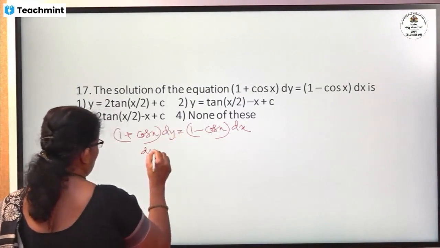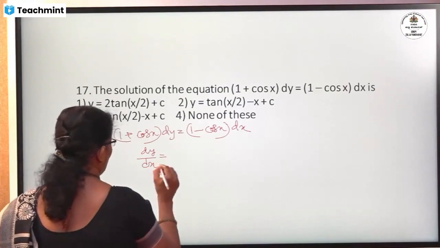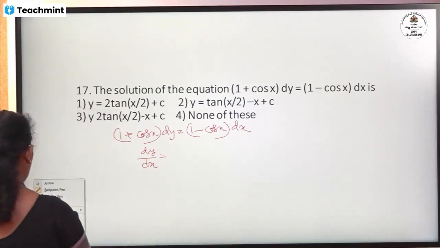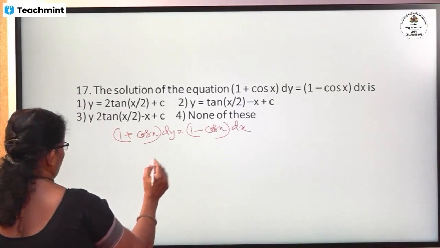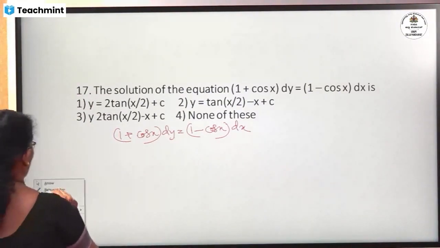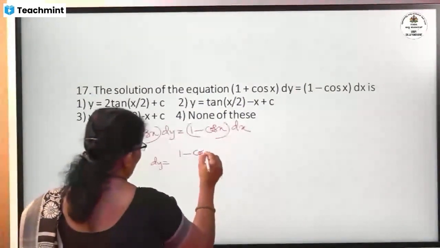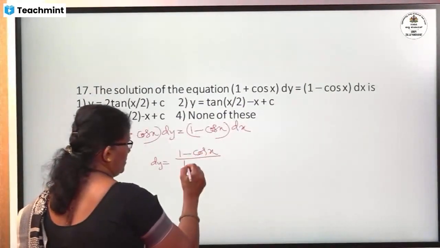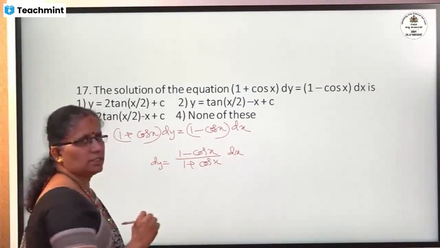So can you see that I can write it as dy by dx, or let me just take dy only. What is dy from here? 1 minus cos x divided by 1 plus cos x into dx, right?